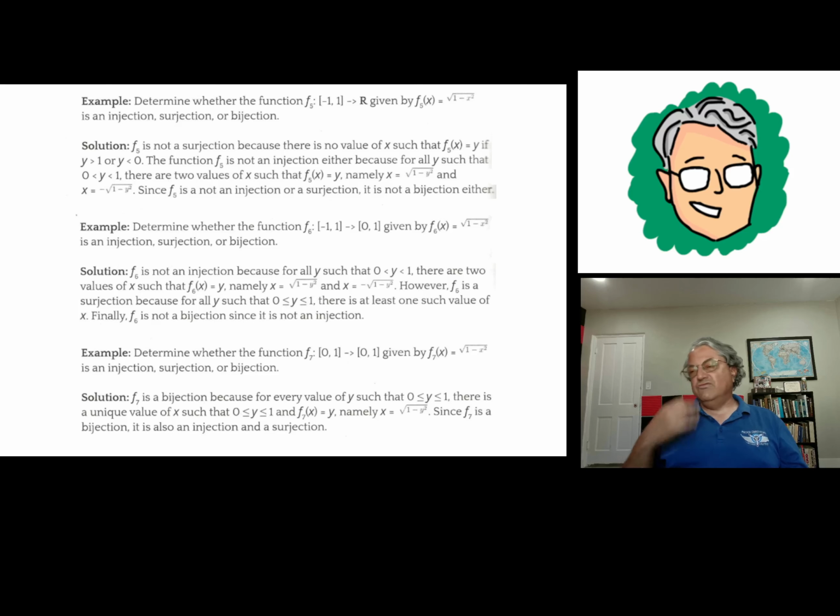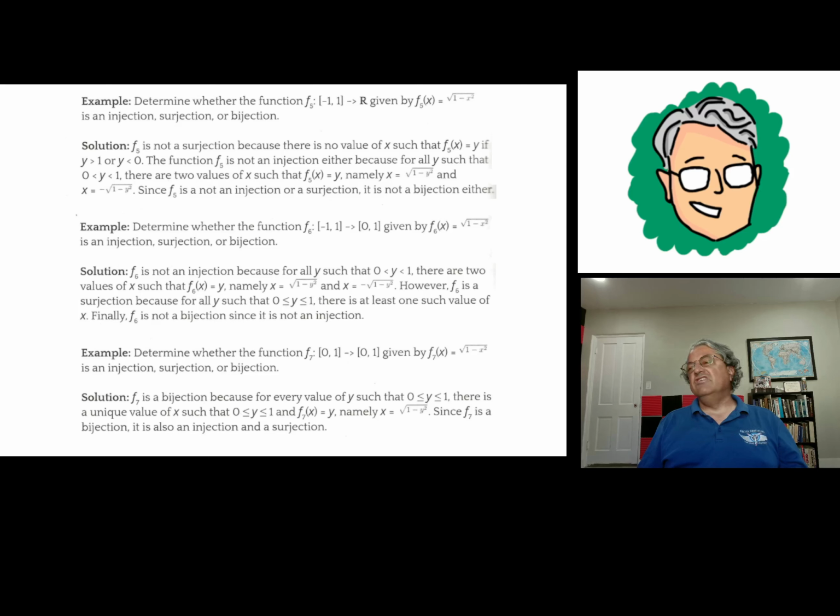So we have to ask ourselves what kind of function this is. Is it an injection, surjection, or bijection? It's not an injection because remember there are 2 square roots, like I said before. If you just look at the thing inside, let's say y equals the square root of 1 minus x squared.